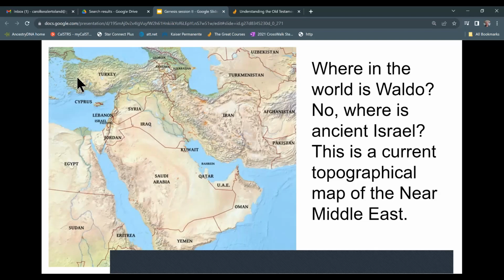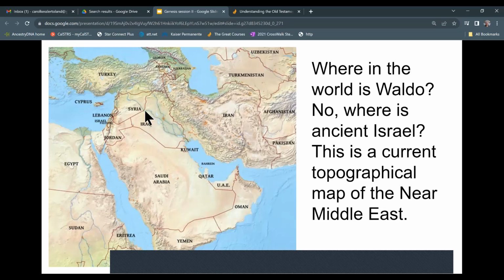And so I want you to become familiar with how the land and geography looks, because it plays a significant role in the development of Israel. So ancient Israel, or ancient Israelites, resided in what is today modern day Iraq, along the Euphrates and Tigris rivers.